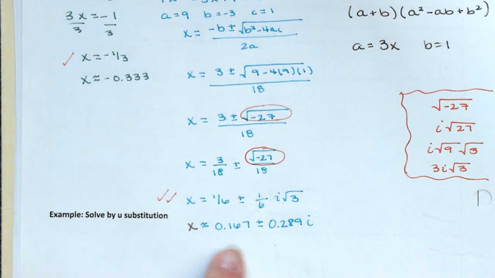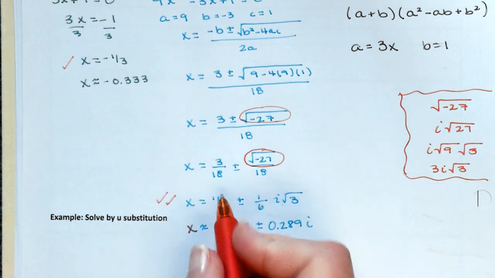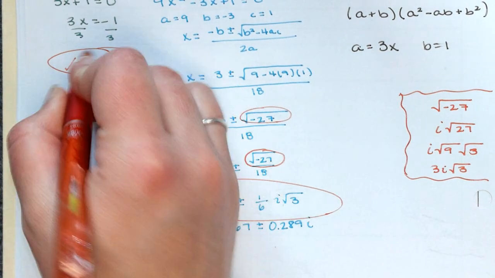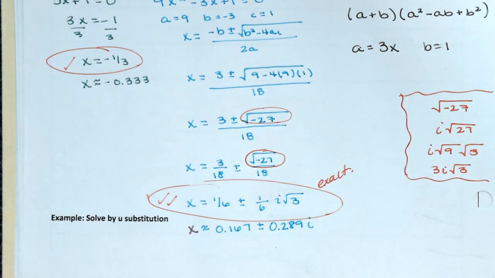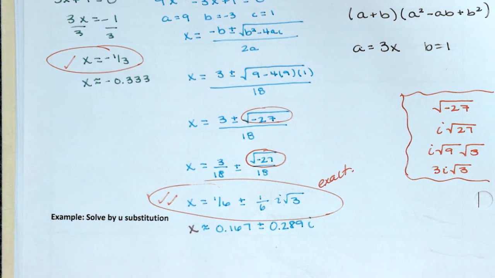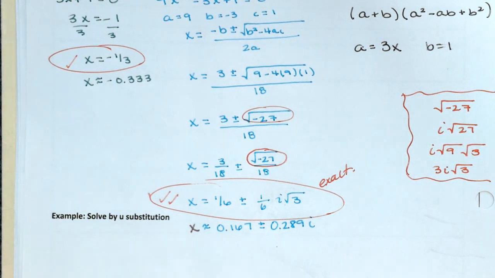And again, that's still your two solutions. So these are your exact. You have 3 of them. You have 3 exact, and then this is also 3 approximate. Okay, so you have all the exact, all the approximate.